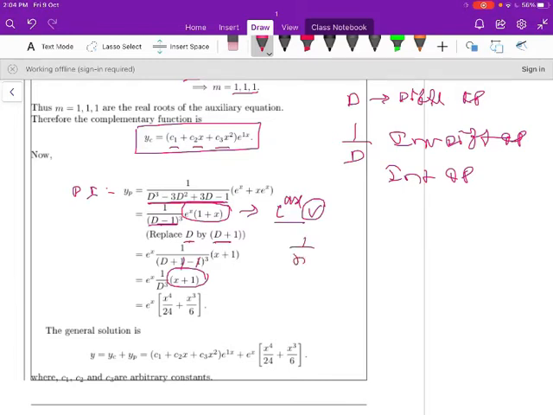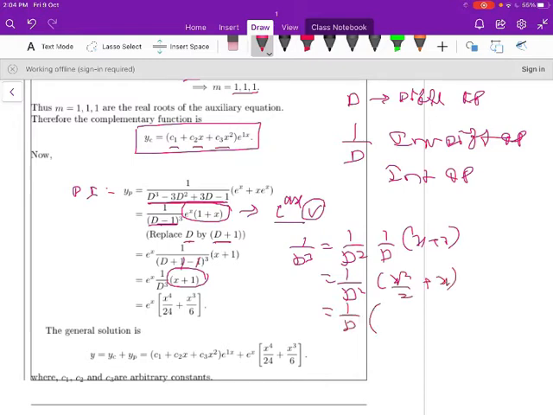So e power x into the integration, where 1 by D cube can be written as 1 by D square into 1 by D of x plus 1. 1 by D of x plus 1 is nothing but the integration of x plus 1, that is x square by 2 plus x. Again integrate: x cube by 6 plus x square by 2.